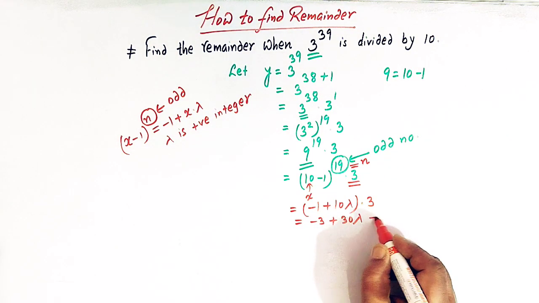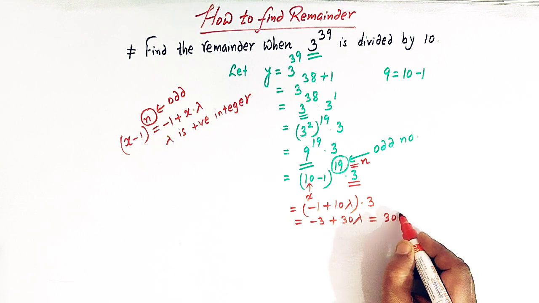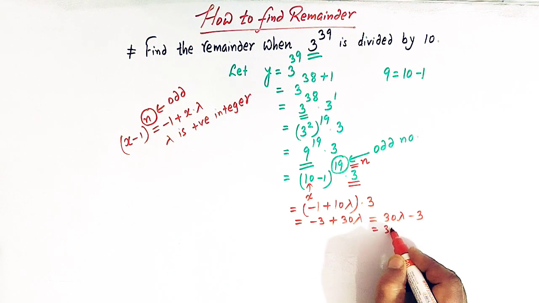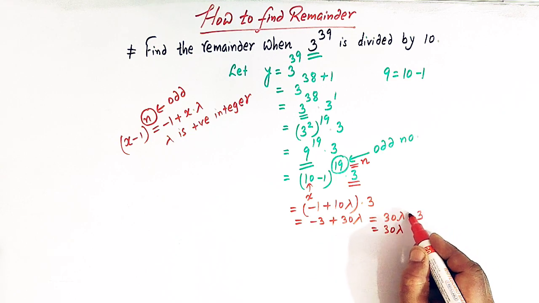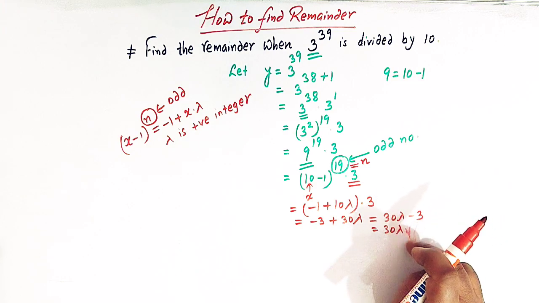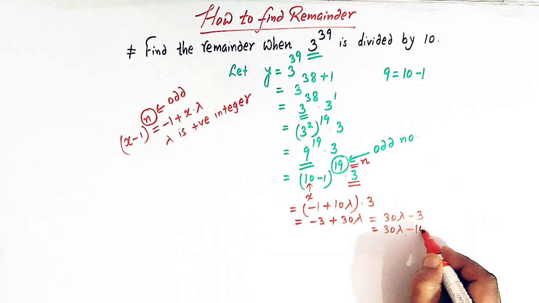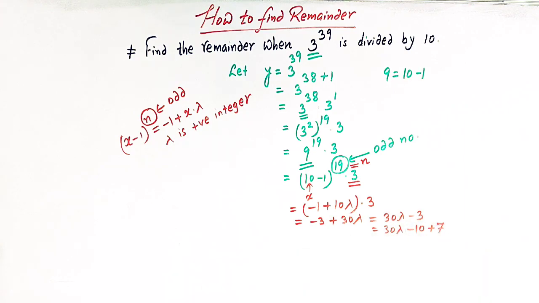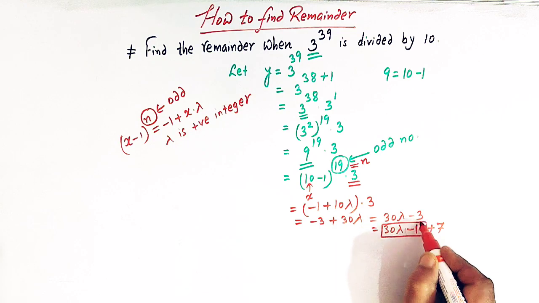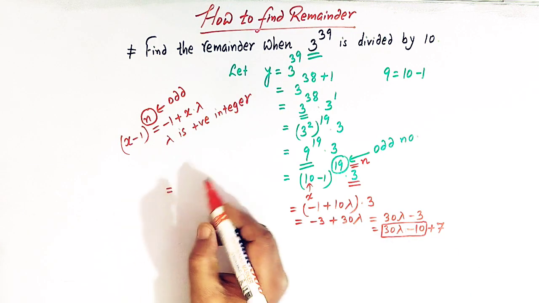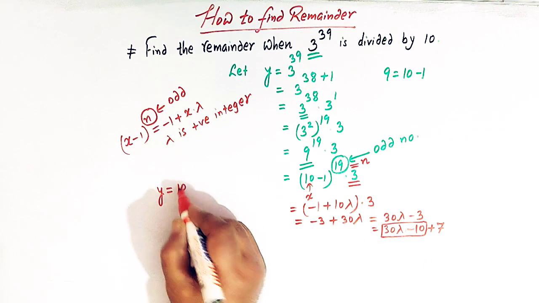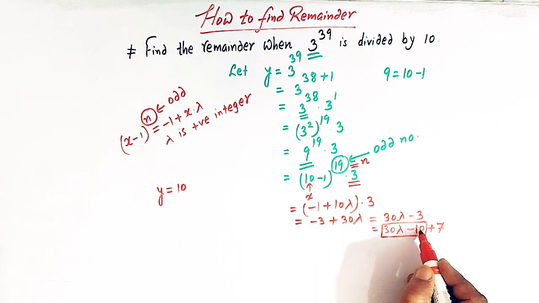Now let us rearrange the terms. We can write 30 lambda minus 3, and we can now write this negative 3 as minus 10 plus 7. Let us group these terms.